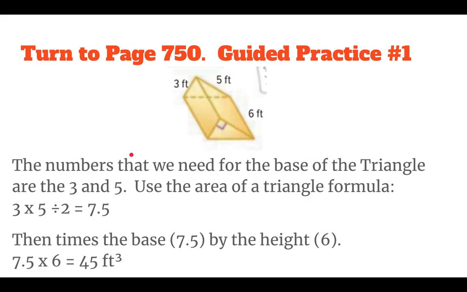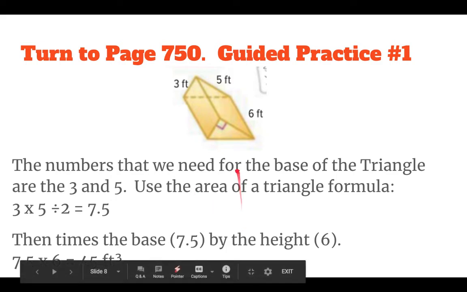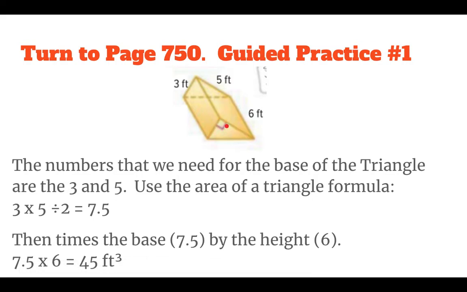Go ahead and turn to page 750 in your books. We're going to do the guided practice page, problem number 1. Problem number 1 shows you a triangular prism. Again, first thing is you got to find the area of the triangle. When I look at this, I see a triangle right here. This box is helpful. It's the 90-degree box to show you where the right angle is in your triangle.